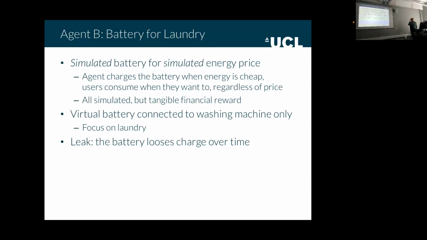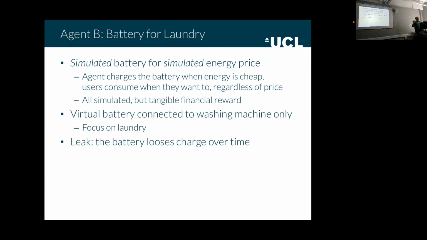The second system of this small collection is called Agent B for battery. In this case, it's an agent that charges a battery when energy is cheap, so that then people can consume energy even if the market price is high. For various reasons, we decided to focus on laundry.